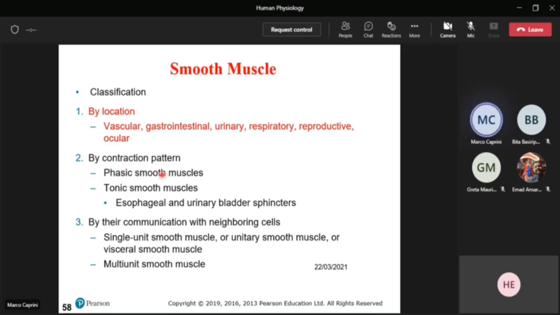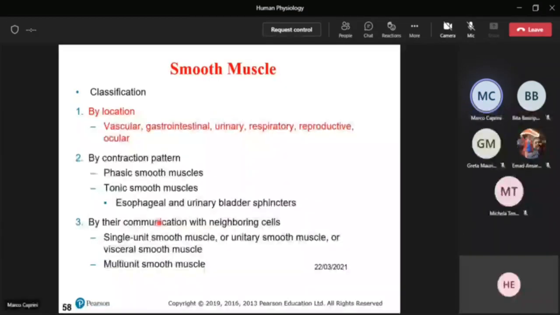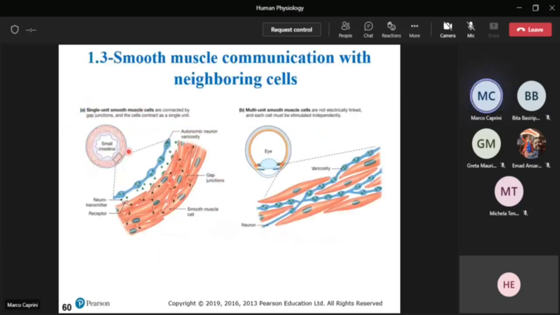Now, what about their communication with neighboring cells? Again, we have the example of the small intestine and the eye. In this case, we have a single unit smooth muscle cell.